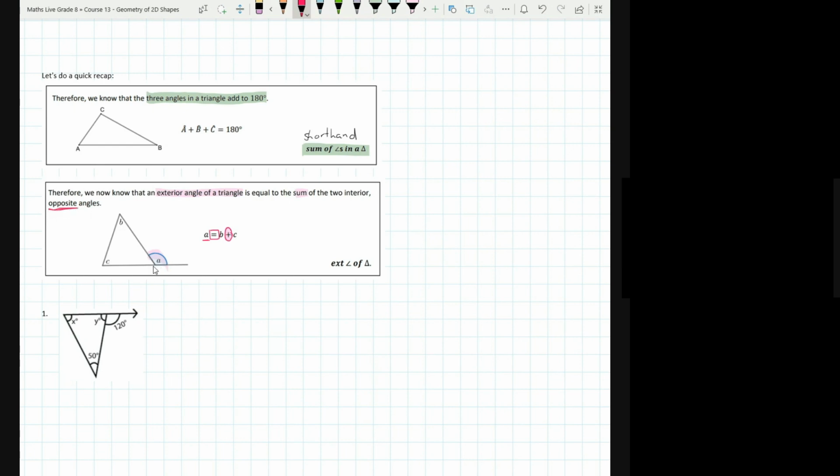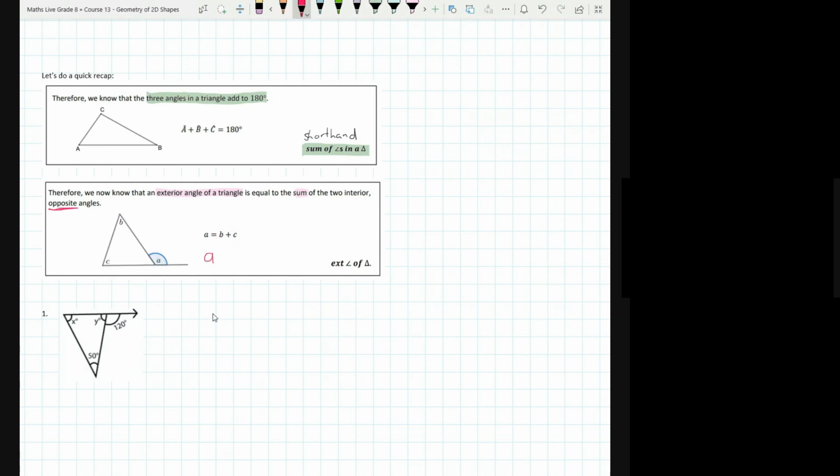This is also an interior angle, but it is next to, it is an adjacent angle. Remember in maths, we don't use the word next to as much as we use the word adjacent. So this cannot be an opposite angle if it's adjacent. So we ignore this angle that's inside the triangle and we add the other two angles in our triangle.